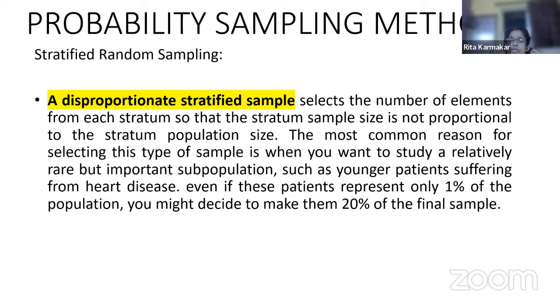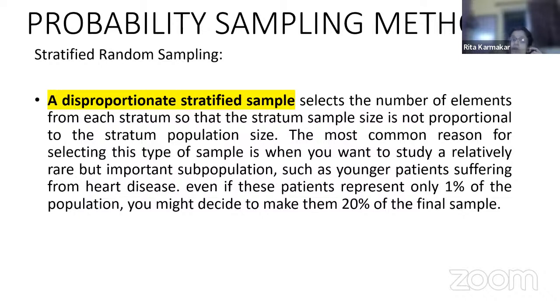And you thought, okay, let me go with proportionate random sampling. Then a very small percentage of that would be included in your sample, and the large percentage would be included, which is not falling into that rare category. But you are trying to do something with the rare category. Then what will you do?